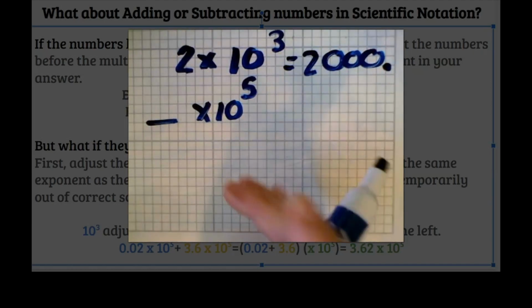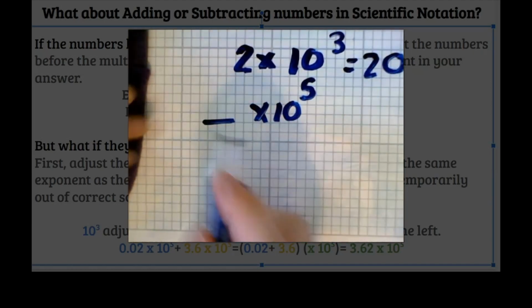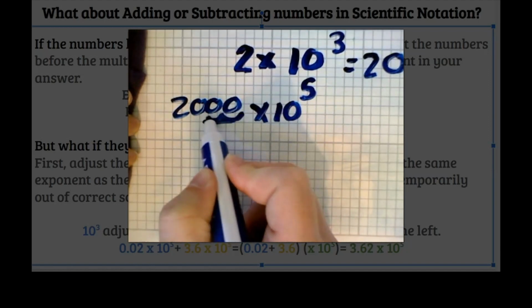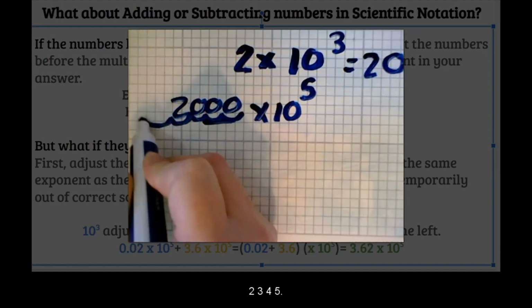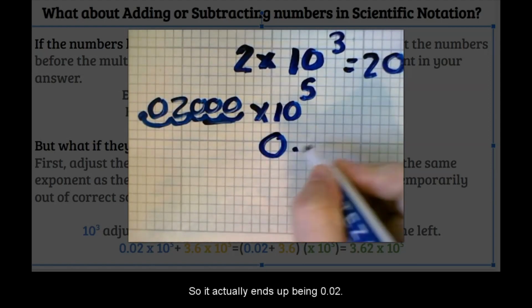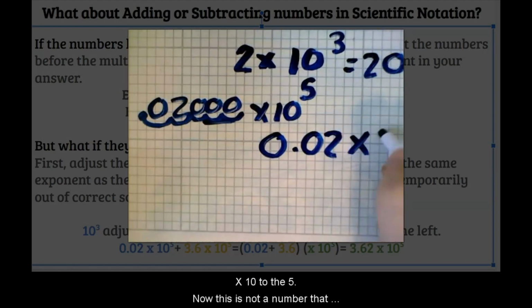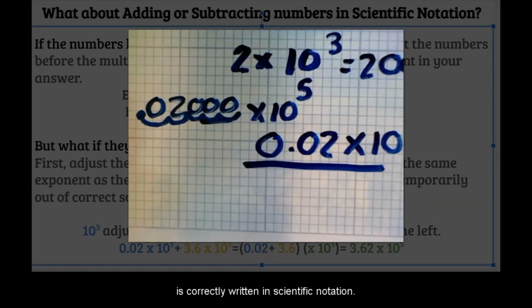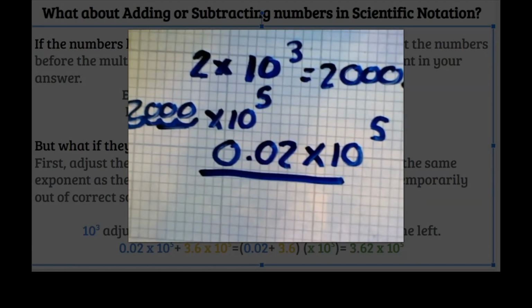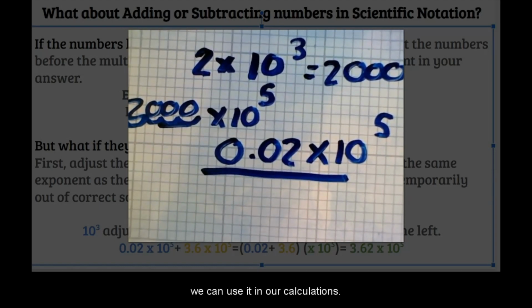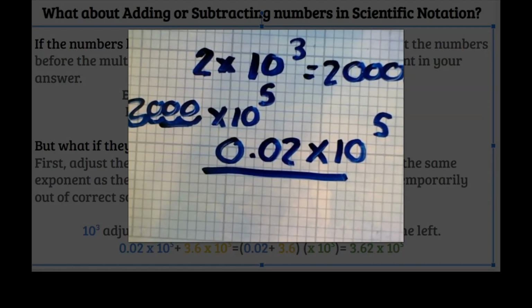So let's try it out. We have the 2 with 3 zeros. 1, 2, 3, 4, 5. So it actually ends up being 0.02 times 10 to the 5. Now this is not a number that's correctly written in scientific notation, but it is a number that's times 10 to the 5, and so temporarily we can use it in our calculations. So let's take a look.